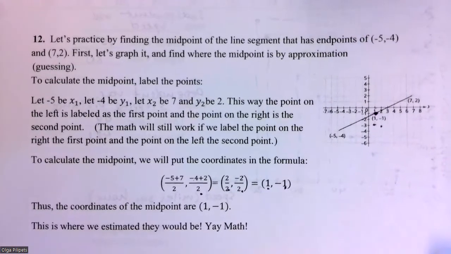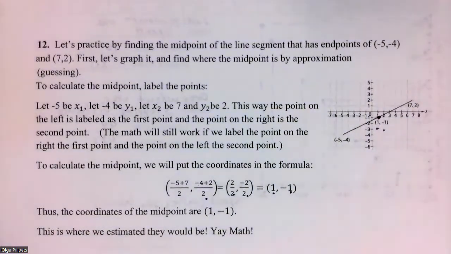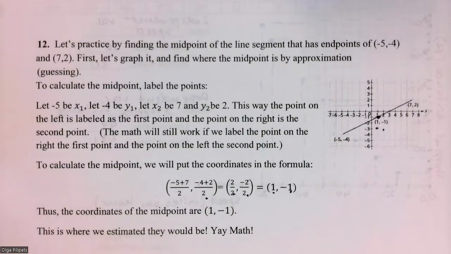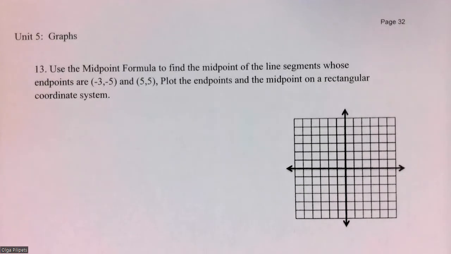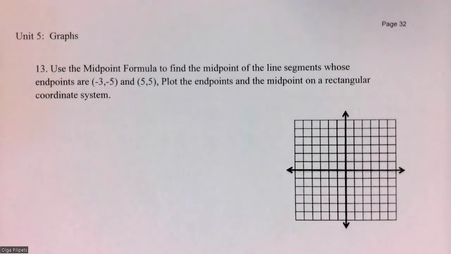All right, we have a couple of other problems where we can practice this skill. It says use the midpoint formula to find the midpoint of the line segment whose endpoints are -3, -5, and 5, 5.